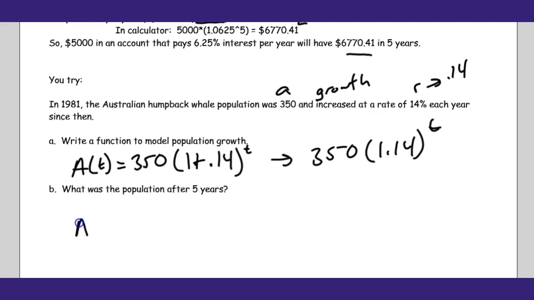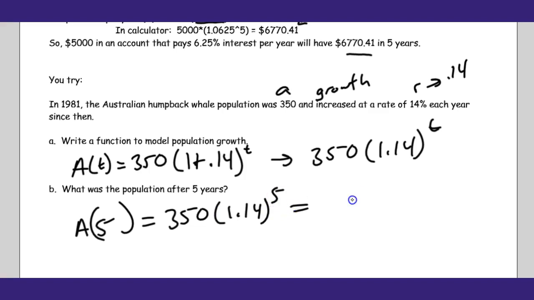Well, now we have a time, so T is 5. We have 350 times 1.14 to the 5th, and when we get that, it gives you 673.89.